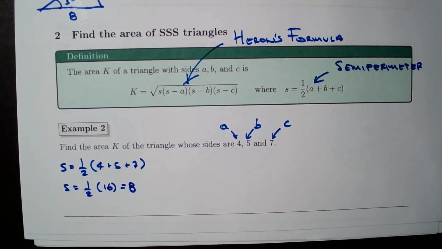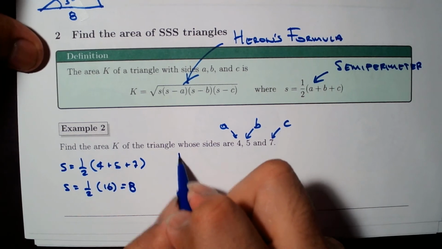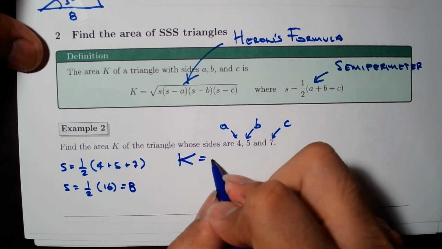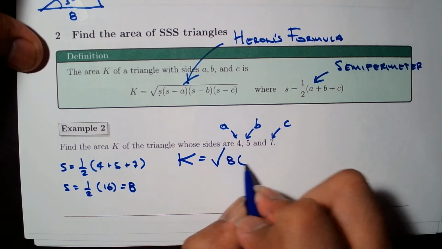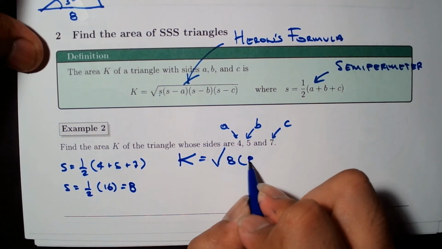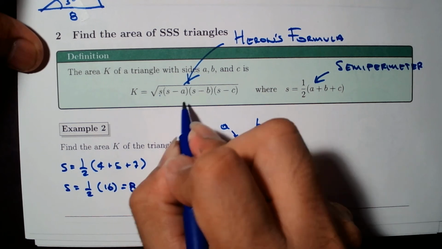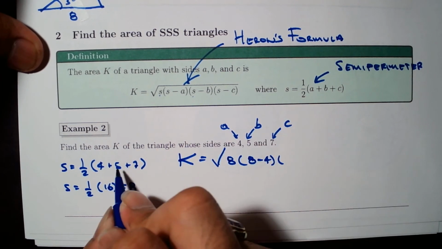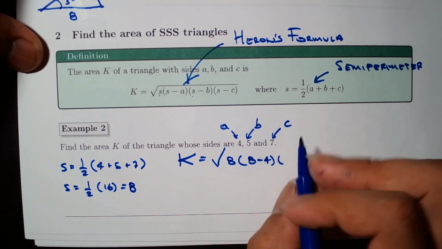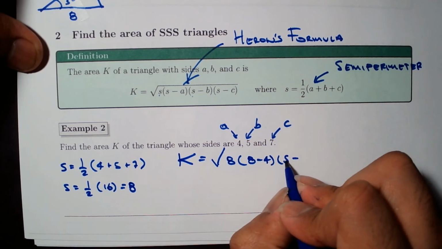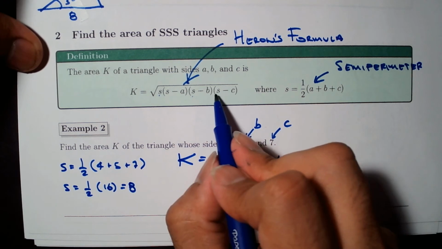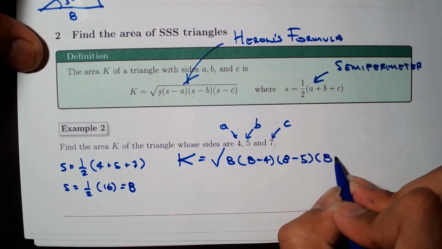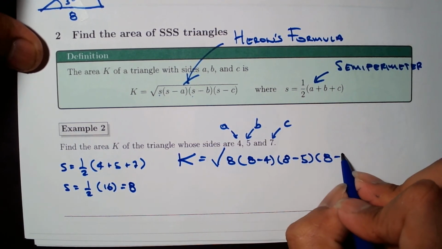Now using the formula, K equals the square root of s, which is 8, times s minus a, or 8 minus 4, times s minus b, or 8 minus 5, times s minus c, which is 8 minus 7.